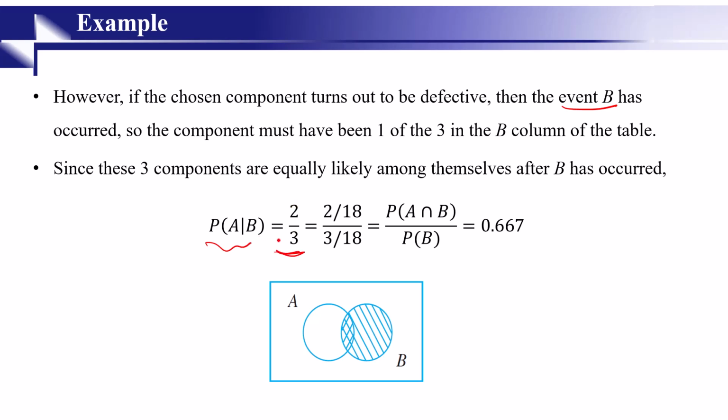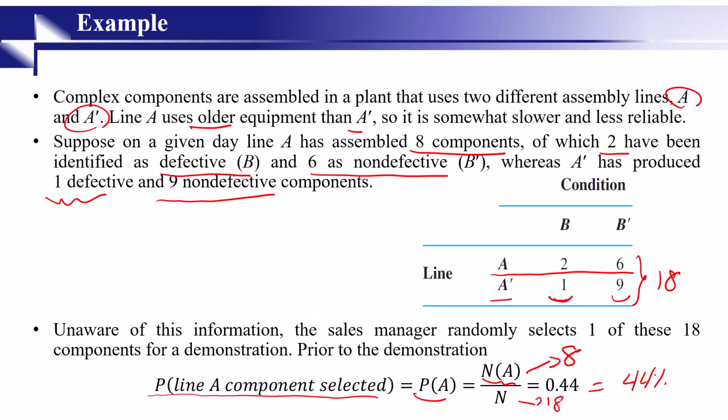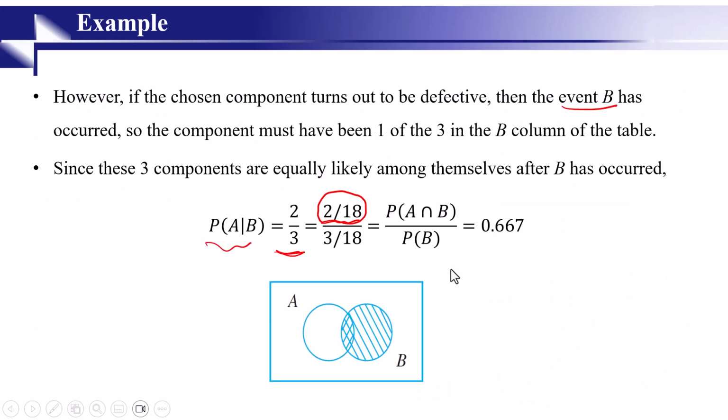Or you can say 2 out of 18, where 2 is the defective from line A, divided by 3 out of 18, the total defective. So we show P(A intersection B) divided by P(B), which is equal to 66%. So we can easily understand how the formula matches the intuition that we had.